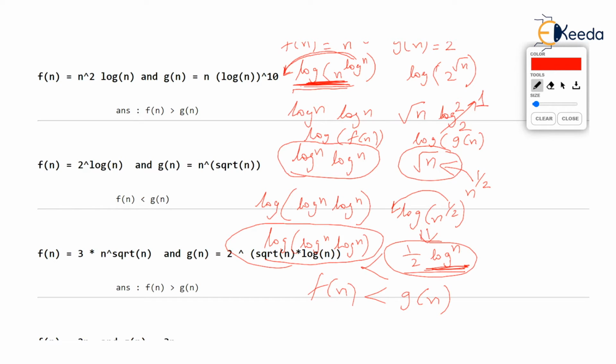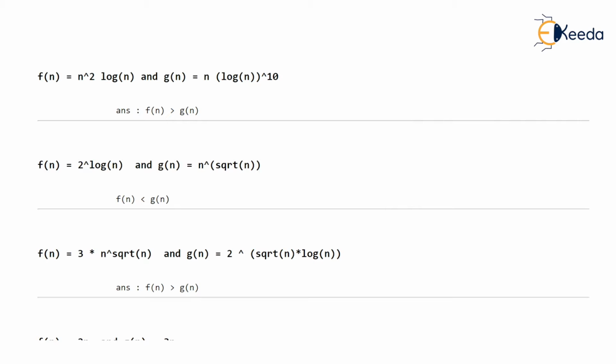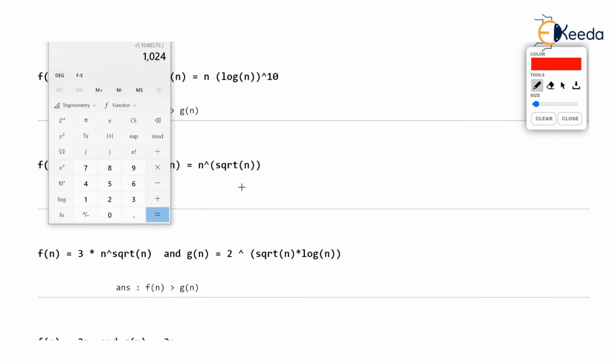So before recording this video, I thought of taking some value of n and checking, is this true? I have got the calculator on here. Let me check. I took n as 2 raised to 20.